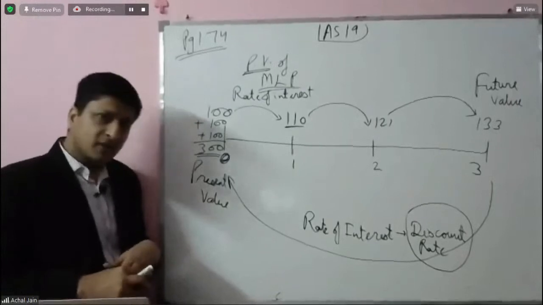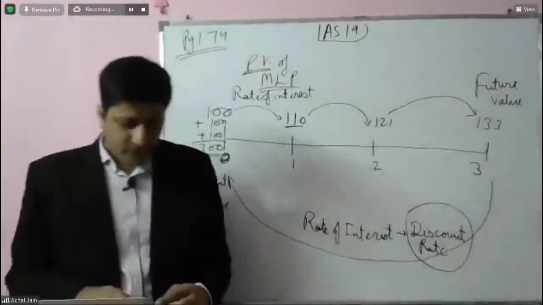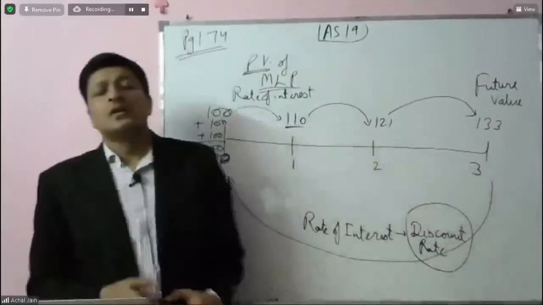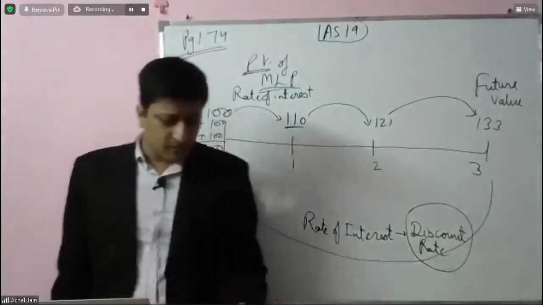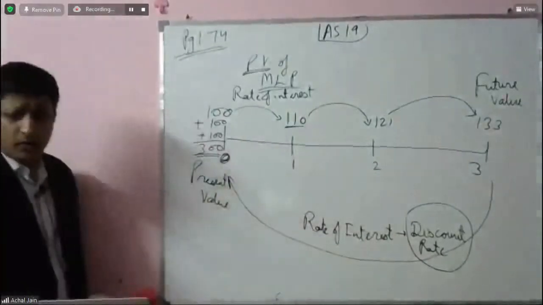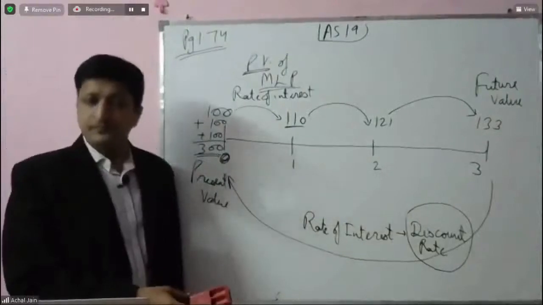Correct? Clear on this concept? This concept will be significantly used in this chapter and at some other places also. So that's why it's important that you understand this. And you may note down all of these points wherever you require. Fine? Yeah?